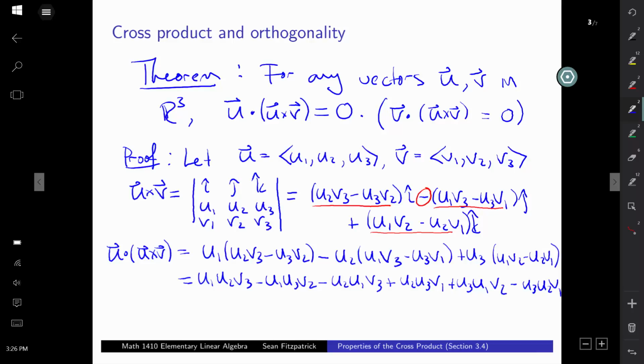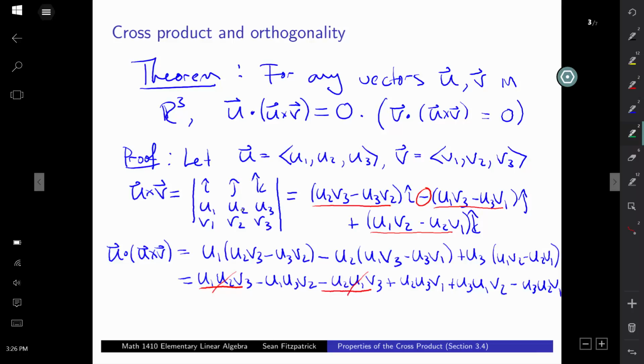Okay, bit of a mouthful, but now let's have a look. u1 u2 v3 shows up here, and down here I've got minus u2 u1 v3, but these are numbers, order of multiplication doesn't matter. So those cancel.